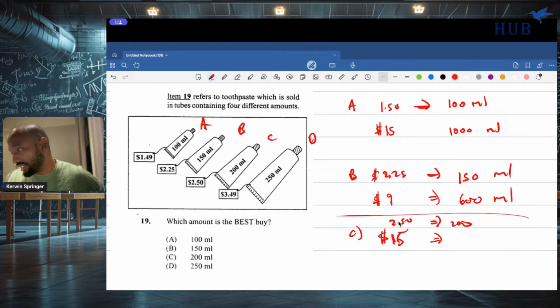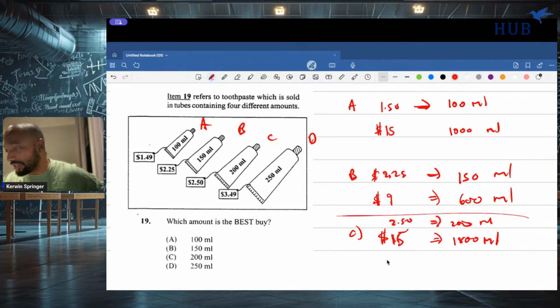So 15 is actually multiplying by 6: 1, 2, 3, 4, 5, 6. Excuse my math. So 200 ml by 6 is better. So at $15 I get 1,800 ml. C is looking real good so far.